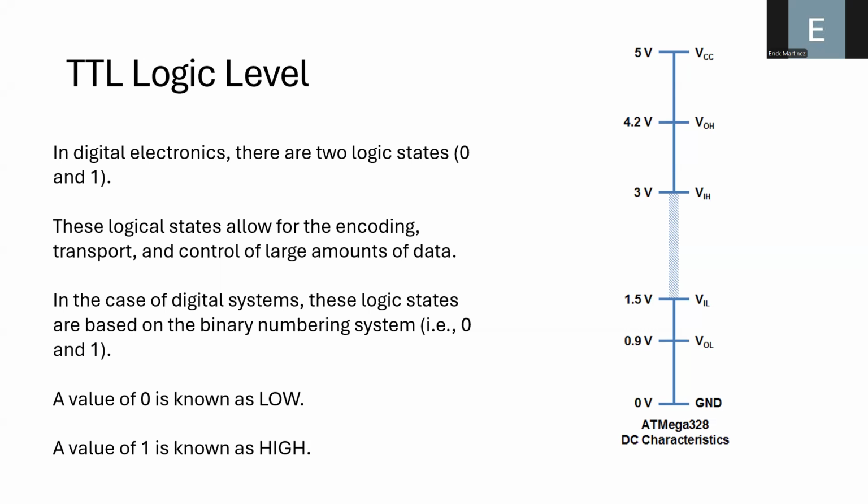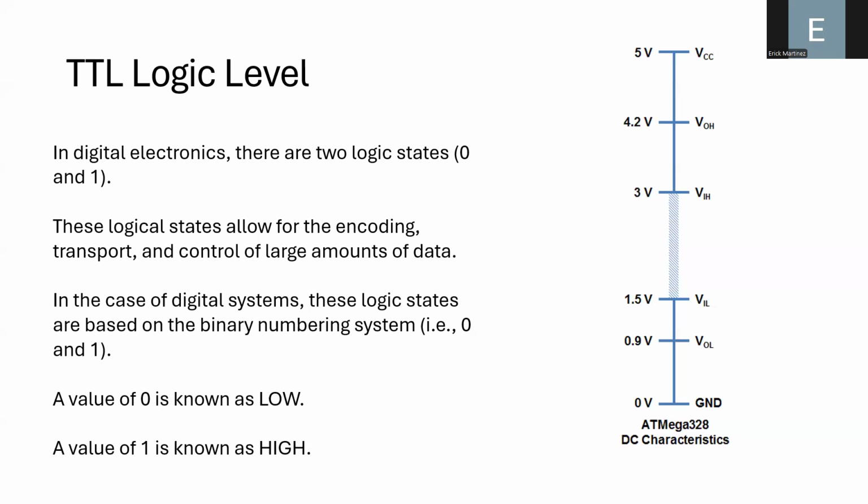When the signal is between 0 and 1.5 volts, we call this a low-level input. We have a threshold here between 3 and 1.5 volts. That means anything in this region is not defined, whether input or output voltage. The Arduino will not classify that.